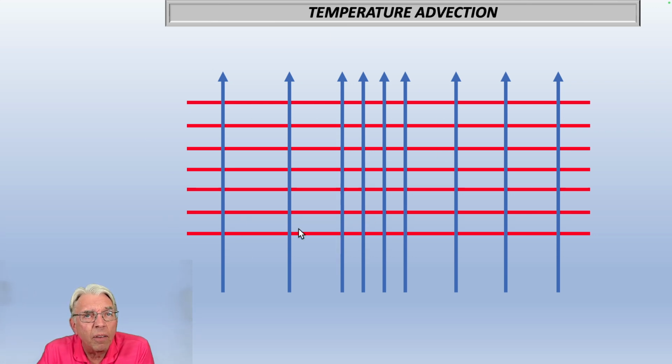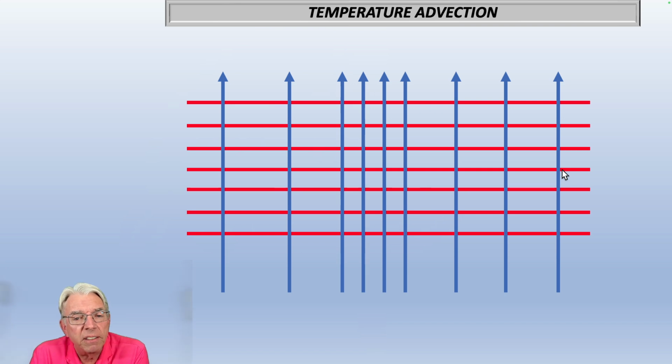So if you go from relatively weak, in this case, this would be warm advection because this is warm air, this is cold air up here, and the air is blowing from warm toward cold. We have relatively weak warm advection here, but suddenly it becomes very, very strong here, and then it weakens again out here.